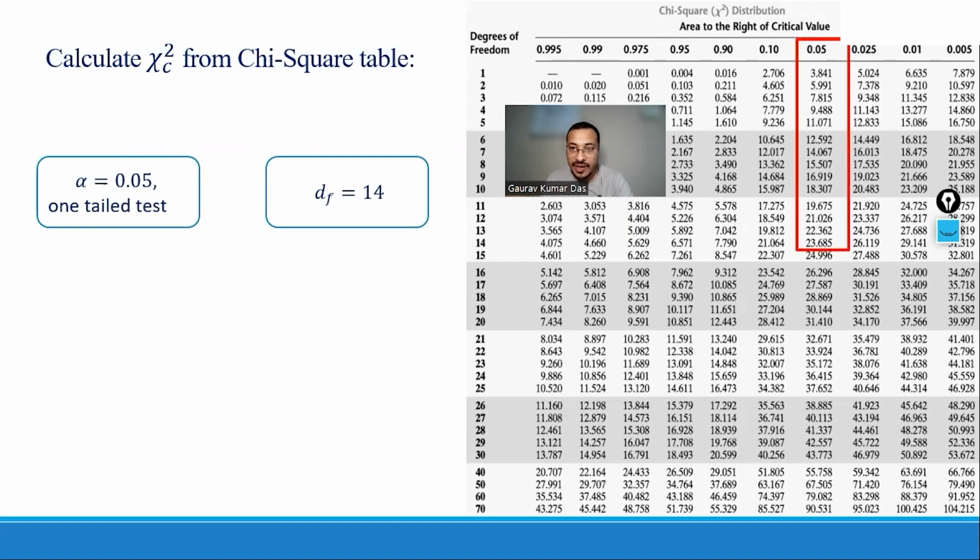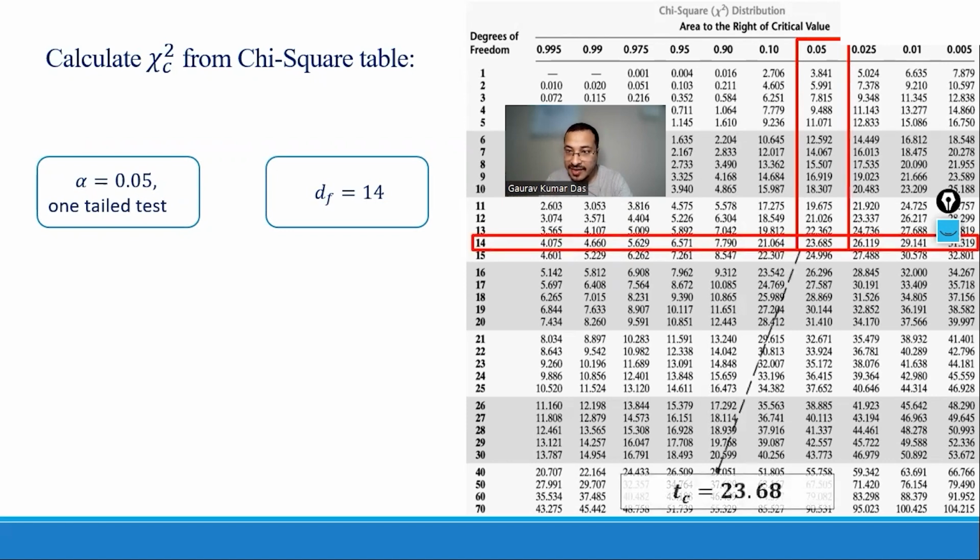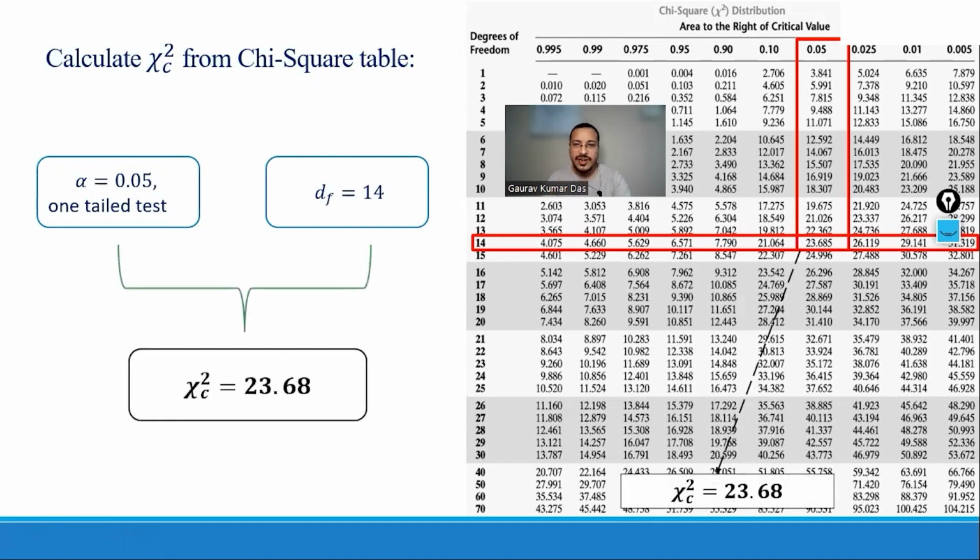And if you look at the table now, alpha 0.05 will be that column. Degree of freedom 14 will be this row. And finally, I have the intersection at 20.685. So my chi-square critical value is 20.68. This is how we calculate it, the same way we did for the t-test.